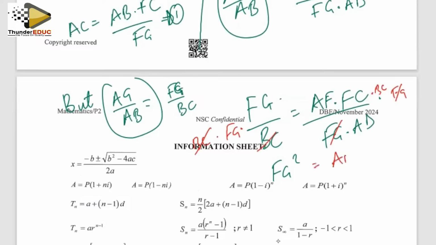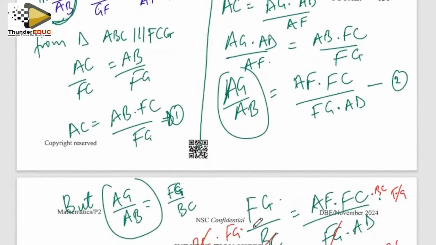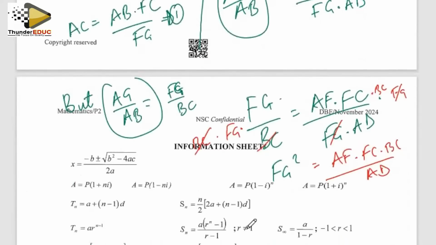So I'll have my AF, my FC, and then my BC over the AD, which is down there. Isn't that what the question wanted? BC, we have it. FC, we have it. AF, we have it over AD. So that is how those 6 marks would also have been claimed.